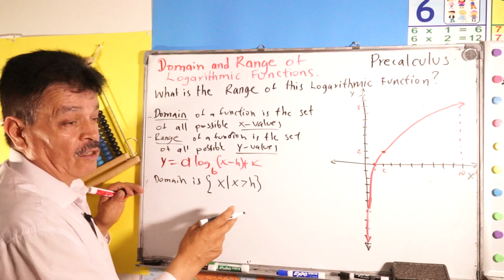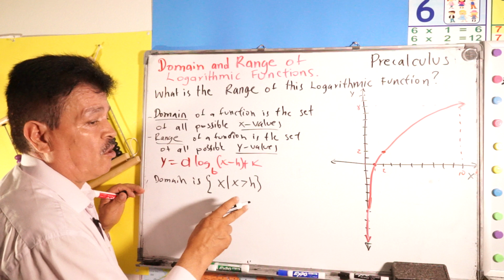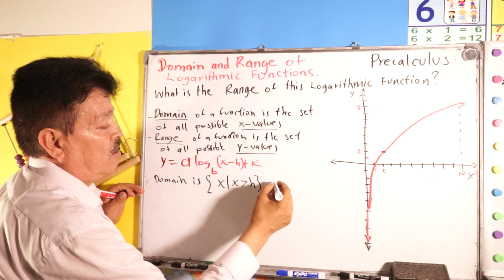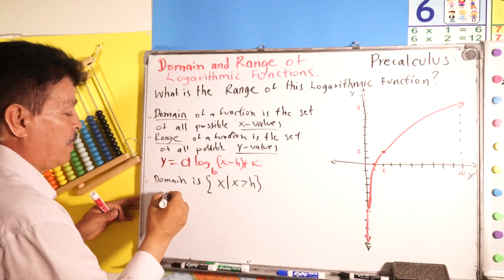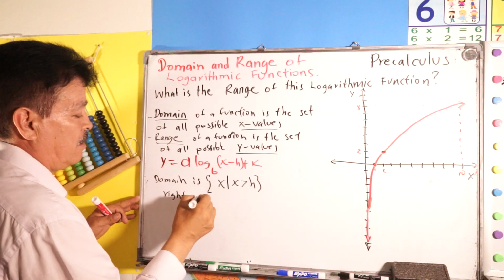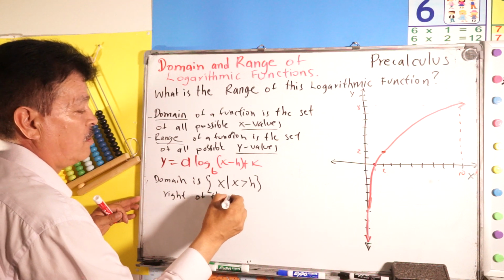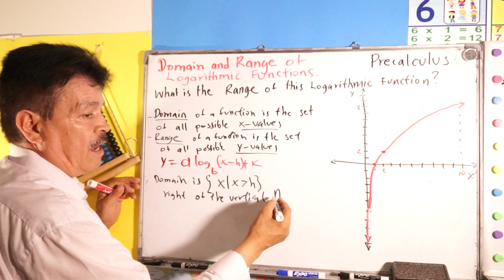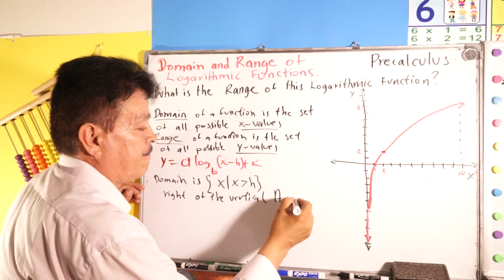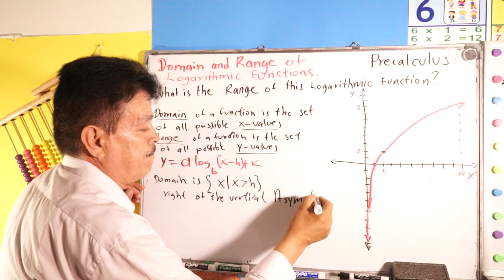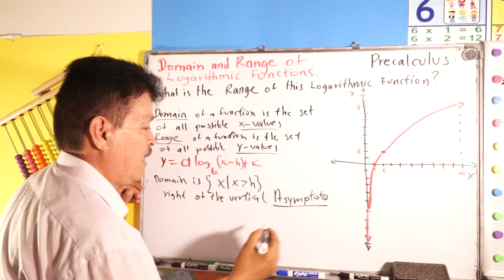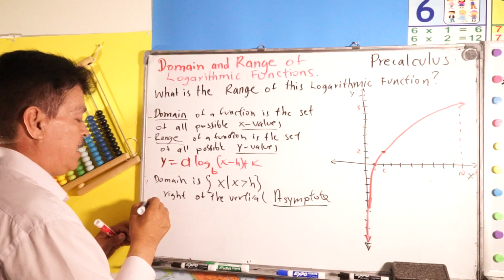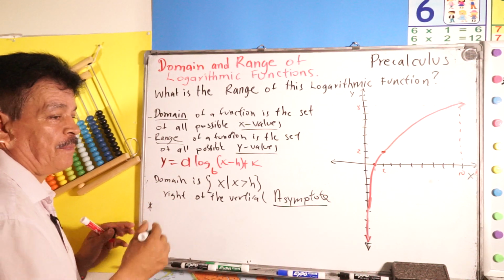This means all real numbers to the right of the vertical asymptote. Remember this asymptote. So this is the domain.